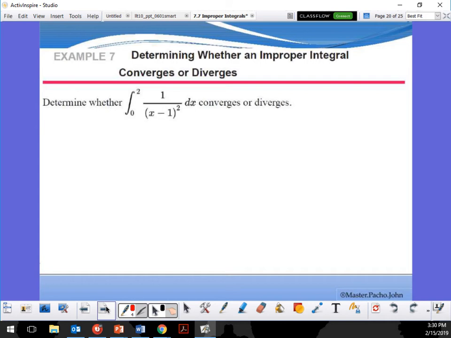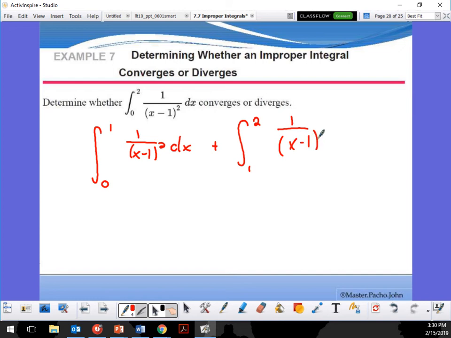So I can break this up in such a way where I have my 0 to 1, and I got my function there. And then I have my 1 to 2, and then I can integrate my function. So one thing that this may show us is I've isolated the bad part, or if I get a limit that approaches two different values, then that means it is a discontinuous.